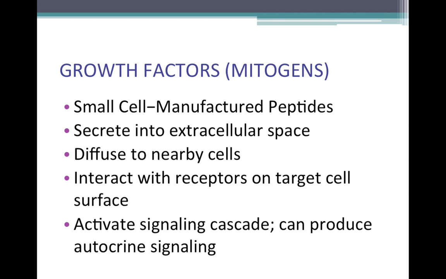Now, growth factors are also called mitogens because basically they initiate mitosis, hence the name mitogen. Now, these growth factors are basically small manufactured peptides by the cell, and they're secreted into the extracellular space where they can diffuse throughout extracellular fluid and then bind to nearby cells through autocrine signaling. Now, these growth factors will interact with receptors on target cells and possibly cause those cells to divide.